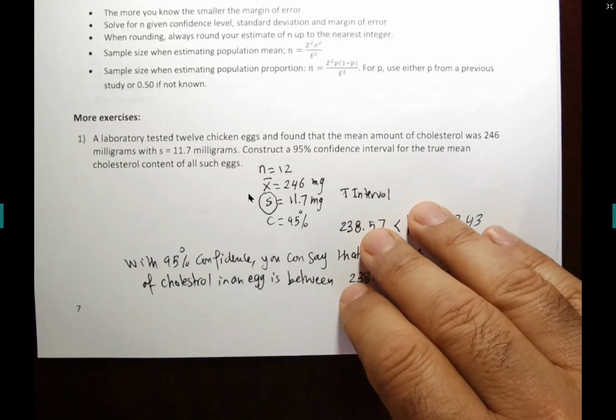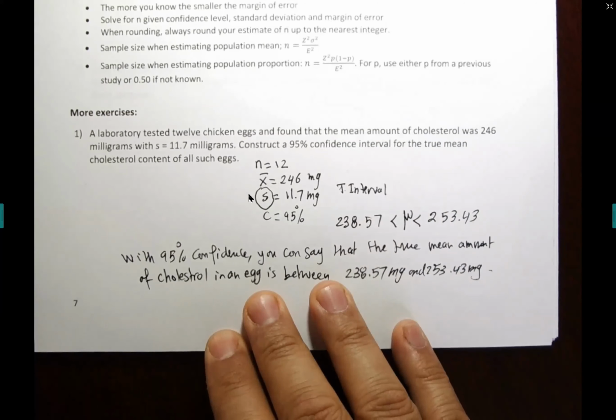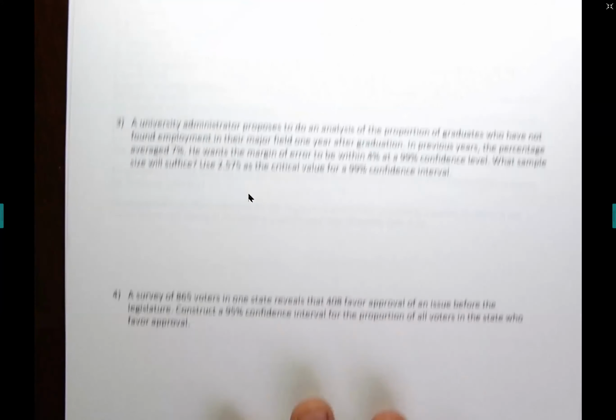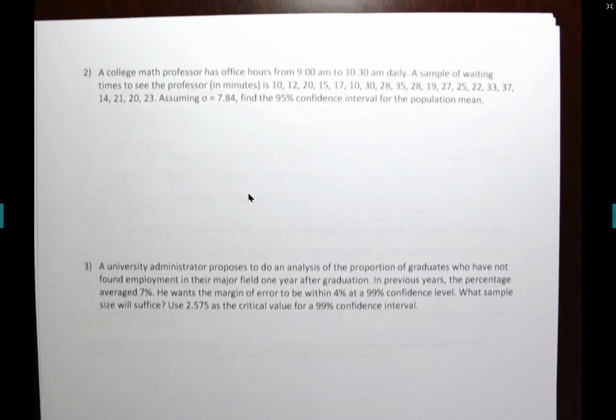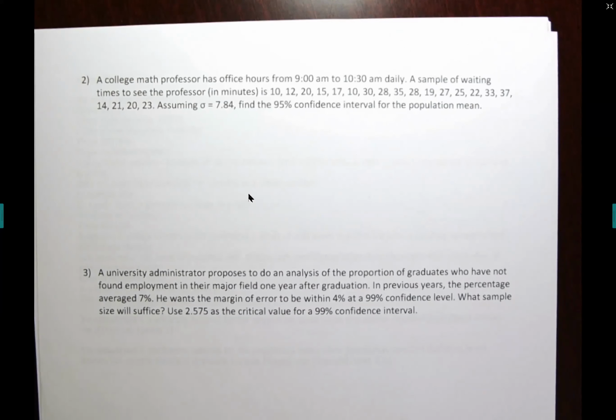All right, let's do the next 3. I think there are 3 more exercises in here. A college professor has office hours from 9 a.m. to 10:30 a.m. daily. A sample of waiting times to see the professor in minutes are listed here.